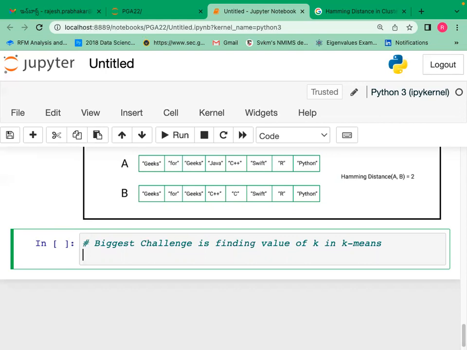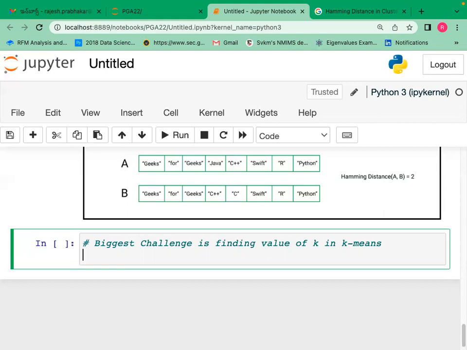K will be an integer value, like in your KNN. So the biggest challenge here is finding the value of k in k-means. Now, we used to plot a variance plot and find the k value, right? We used to take the lowest variance, and then we used to get the k value in KNN with grid search. So here also we have to do the same thing.